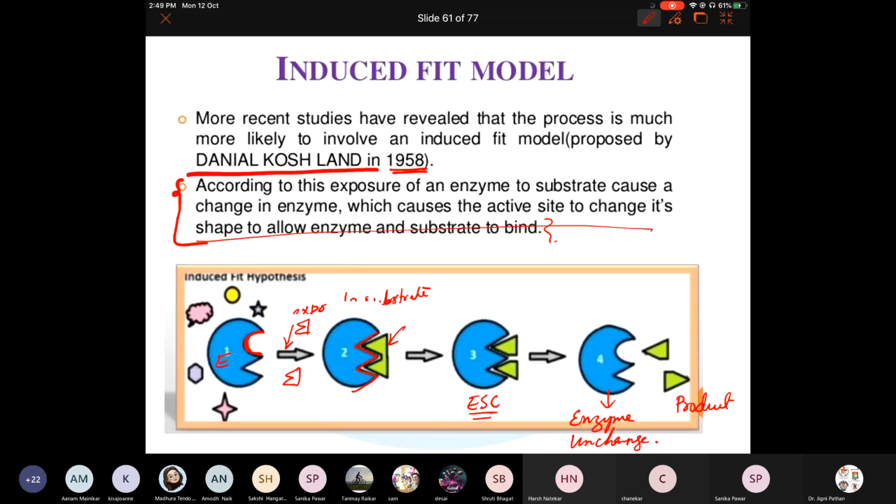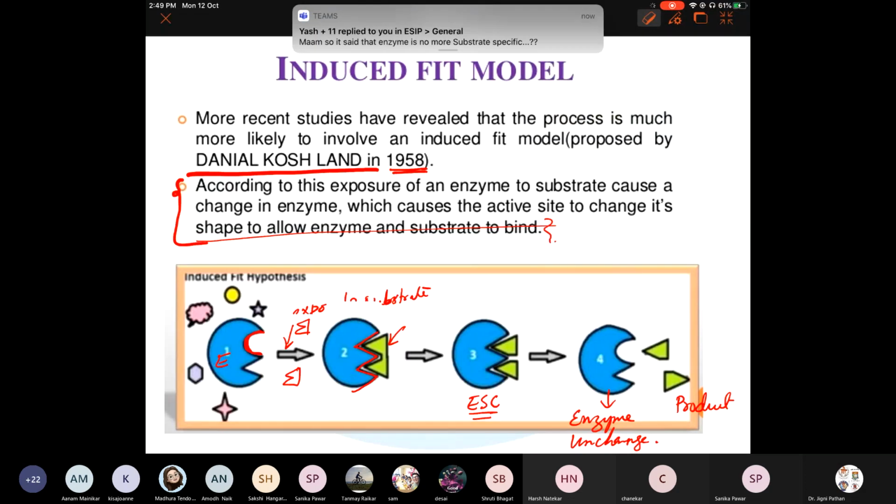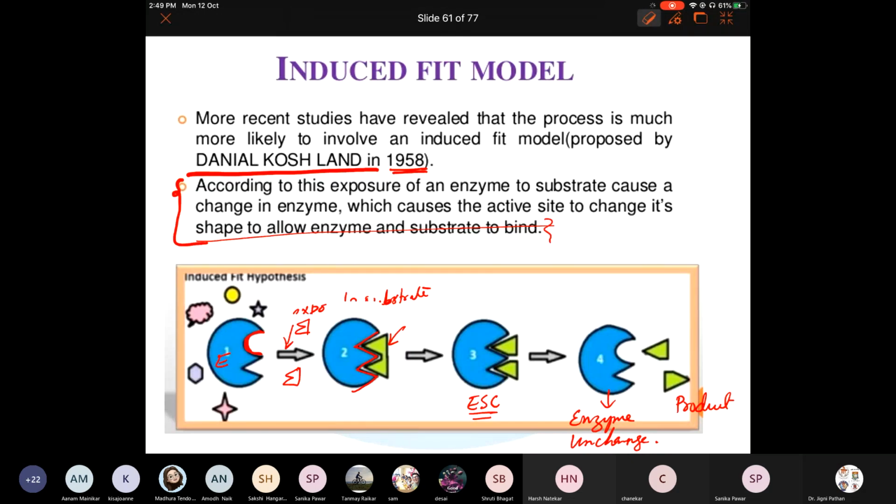Please read this and write. It clearly says, this is a hypothesis given by Koshland. It's no more specific. As a substrate comes, the enzyme will modify its active site and then it binds. This is the hypothesis. It is not proved.